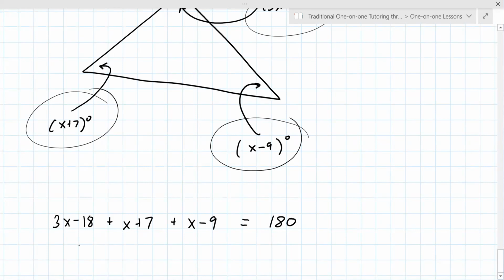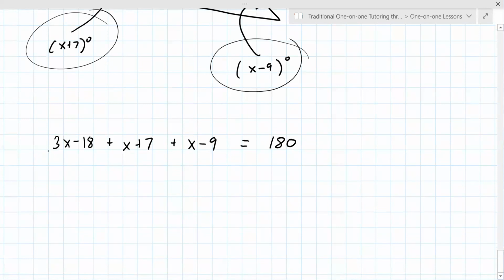So 3x minus 18 is angle 1, x plus 7 is angle 2, x minus 9 is angle 3. Okay, so to solve this, we have to combine like terms. How many x's do you see, Sourish?